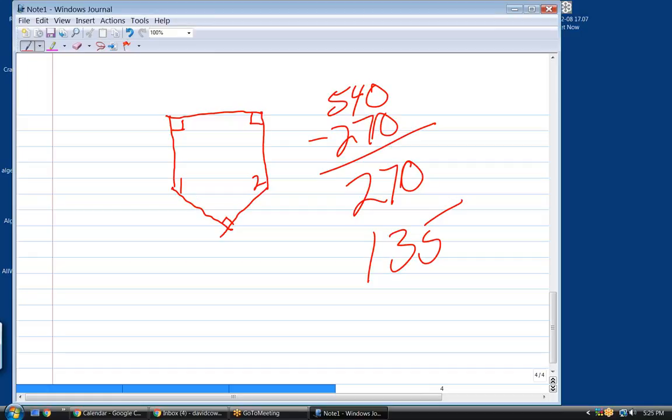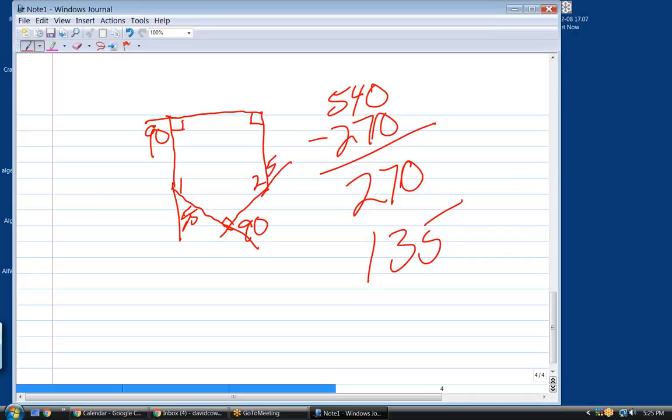Now notice we could not use the exterior angle theorem on this one. The exterior angles only add up to 360. Well, let's see. That would be 90 here. That would be 45. That would be 90.